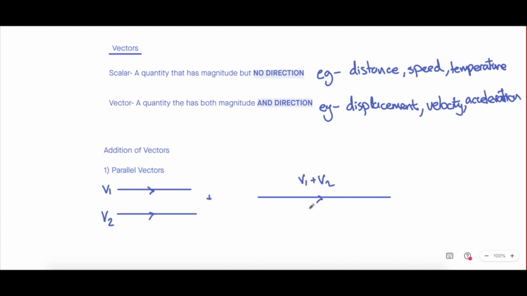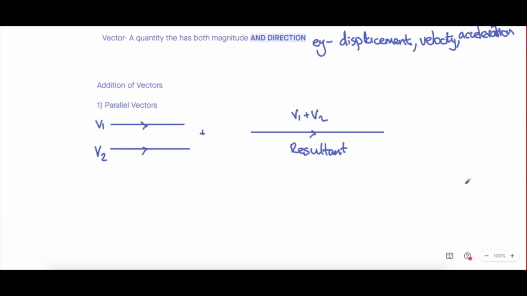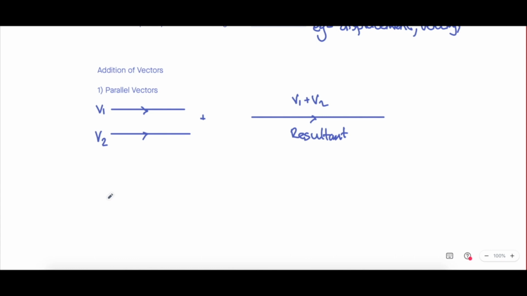That's the resultant. Now if they were going in opposite directions, let's say v1 was going to the right, but v2, let's make that slightly bigger, was going to the left, then the working out would be slightly different. Even though you're adding them, v2 is technically negative.